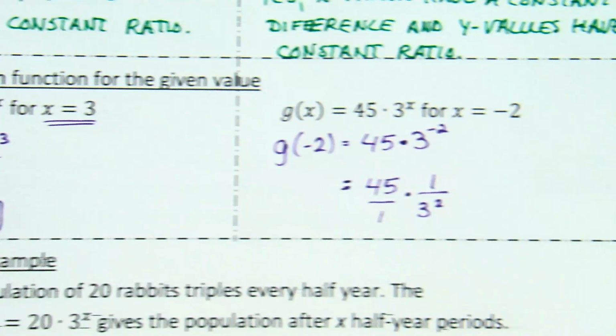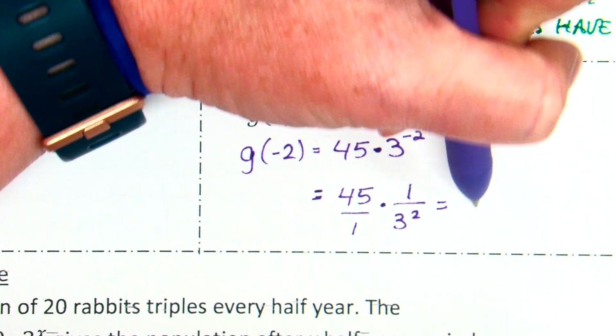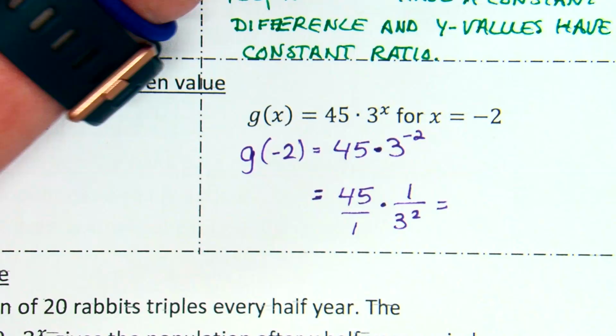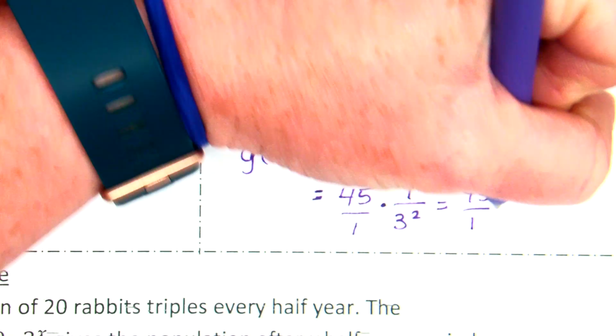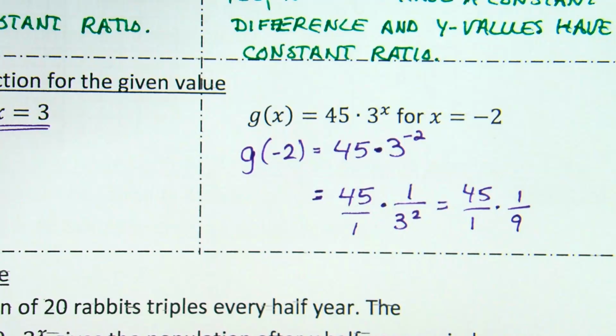Okay, you can cross out the ones. What about 3 squared? 3 times 3, which is 9. So then officially I have 45 over 1 times 1 over 9. Then what do I do with 45 over 1 and 1 over 9?